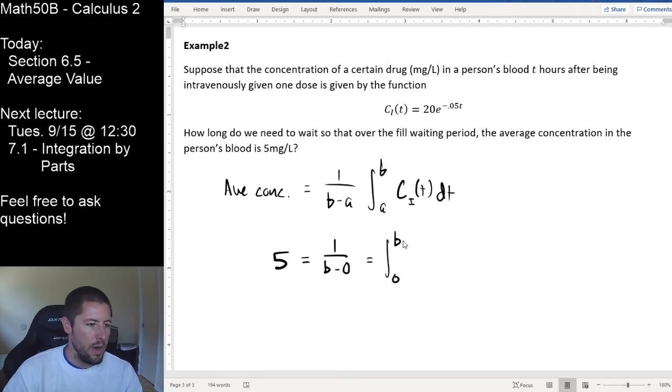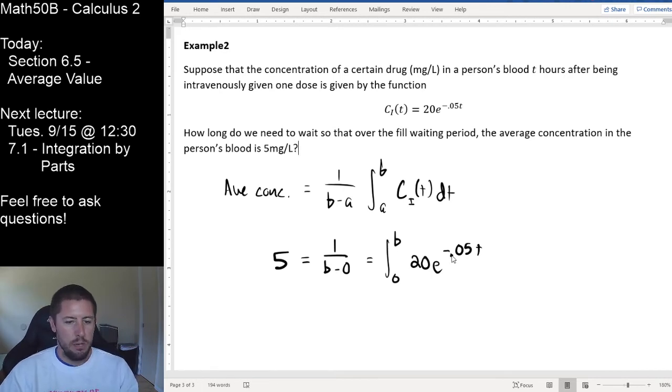And b, by the way, I'm leaving as b because it's our upper bound. If we hadn't known the lower bound, we would have left the a blank. And so here I'll get the 20e to the negative 0.05t. In this case, we did know the output from the average computation to be 5. That's our desired average. We don't know for how long we want to wait.